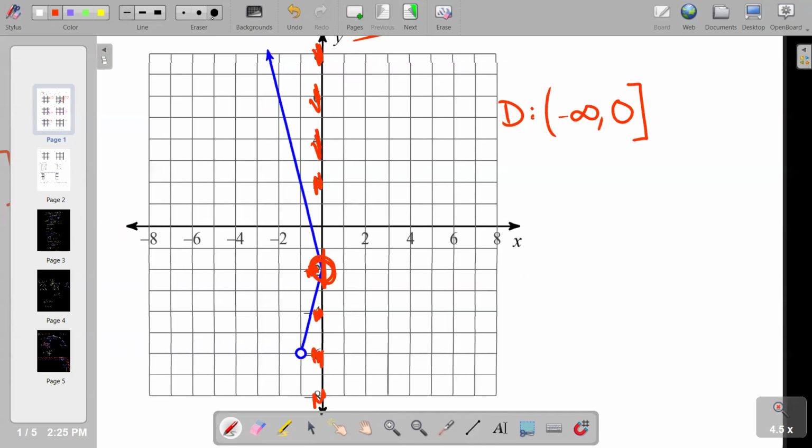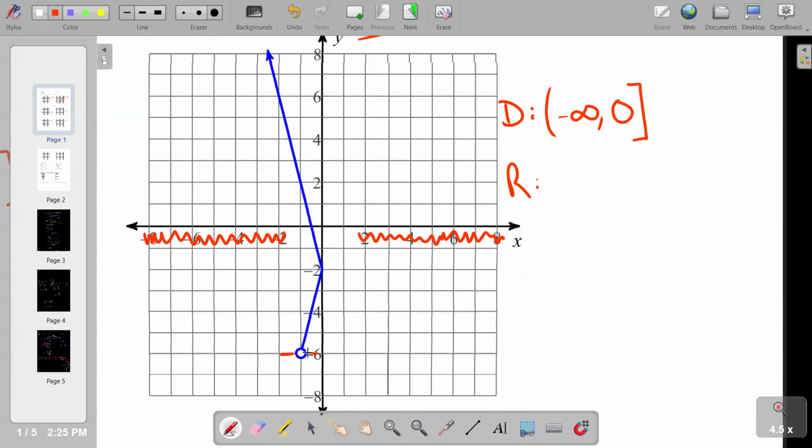Now we reset. And now I do care about the numbers on the y-axis, so I want to use my eraser and bring them back to life. What I change now is I get rid of these, because as soon as I start talking about range, I'm no longer interested in left and right. I'm interested now in up and down. So for range, I ask you the question, how low does graphy go? To -6.